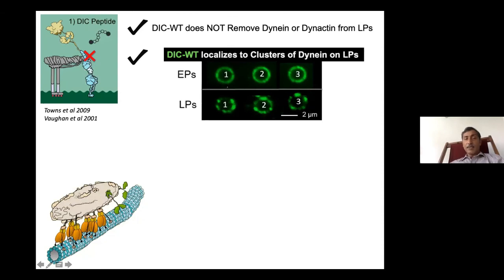From what we see in this picture, imagine green is dynein. On the early phagosomes, it is distributed more or less uniformly. You can see this, okay? But on the late phagosomes, they are organized into these kind of little clusters. That's what we know at present. These clusters are important because you can have high local dynein density here.